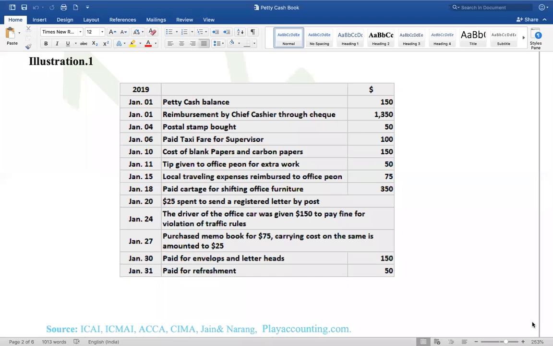Now look at this. This is the problem. January 1st, 2019, petty cash balance $150. On 1st, again, reimbursement by chief cashier through check 1350.